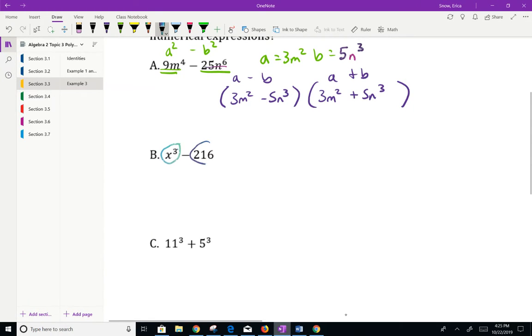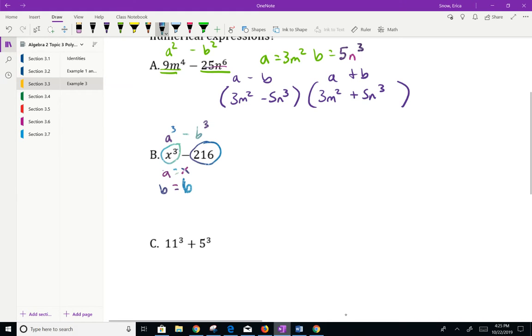Now we have x cubed minus 216. These are both cubes. So we've got a cubed minus b cubed. And the cube root of a cubed, so our a is going to be x, and our b is going to be 6. Pretty sure. Yeah, it is 6.